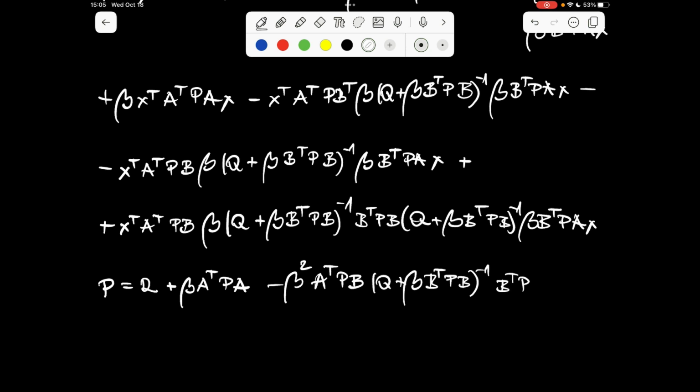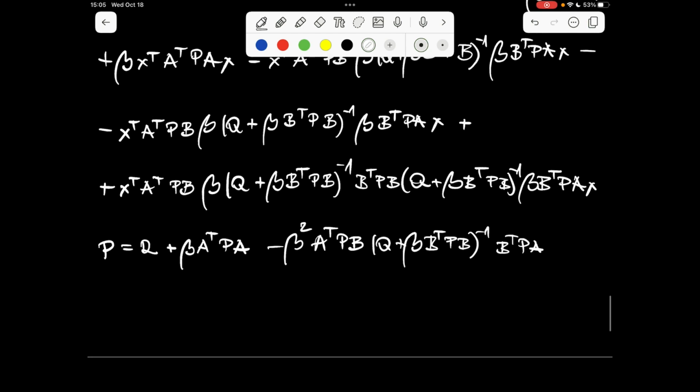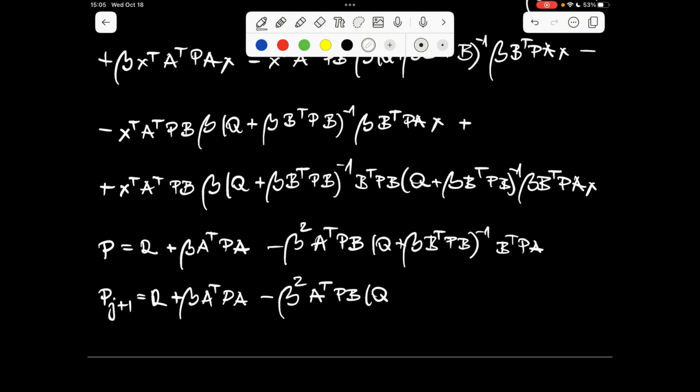Okay, and this leads to the same, same in air quotes, very similar Riccati equation, the fixed point of which is matrix P of the value function.